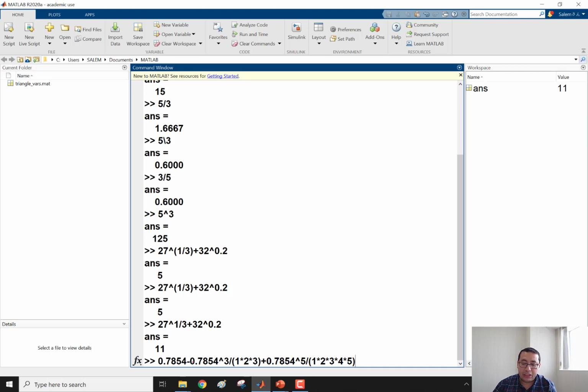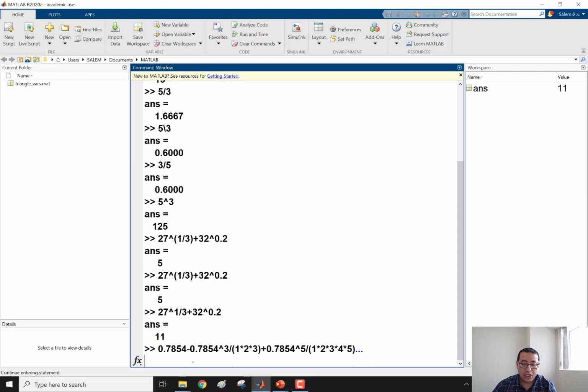And if we don't have room to write, we can write 3 dots and then enter and continue there. So we can write minus and then the same number to the power 7, and then divide it by open parentheses, and then let's write the same number 1 multiplied by 2 and so on until 6 multiplied by 7, and close parentheses.